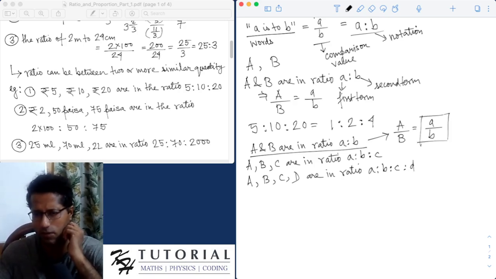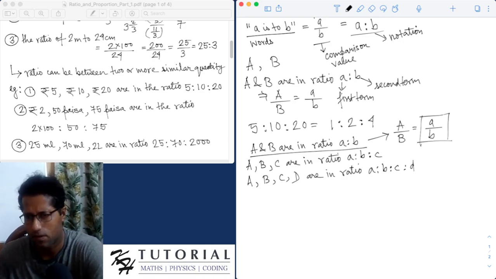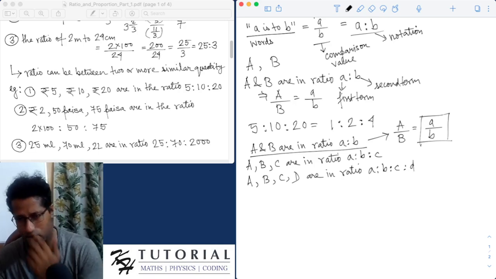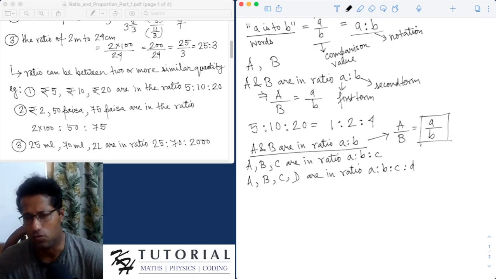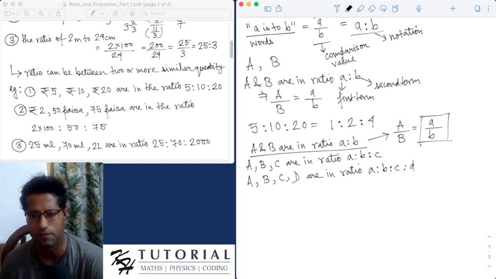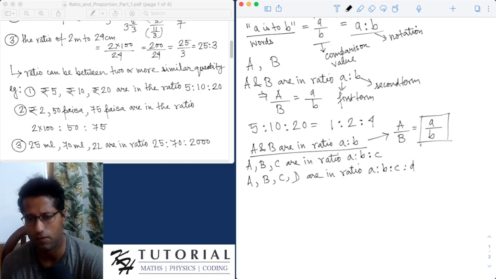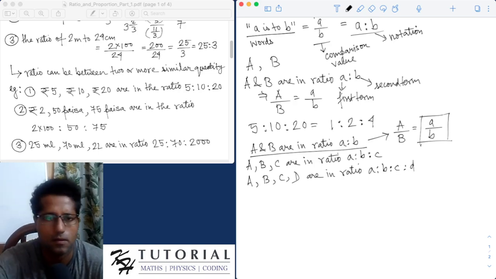If you are given only that the ratio of A and B is a by b, from the ratio alone you can never say what the actual values of A and B are. It is not possible. To find the actual values of A and B, some other information must be given. While solving a problem, we will see why that is so. Just from the ratio between two quantities, you will never be able to say the actual values of the two quantities. Keep this in mind.